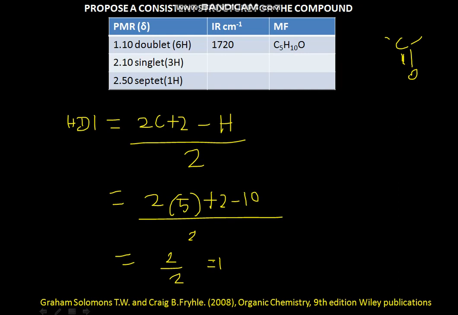A caution has to be taken. This hydrogen deficiency index formula always represents carbon and hydrogen, right? What about other heteroatoms like oxygen? So we need to have another understanding. The nitrogen, oxygen and fluorine or any of their congeners, for example fluorine or its higher congeners like chlorine, bromine, iodine, if present, contribute to the hydrogen deficiency index with the value 1.